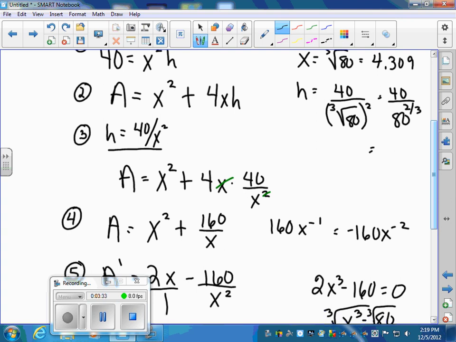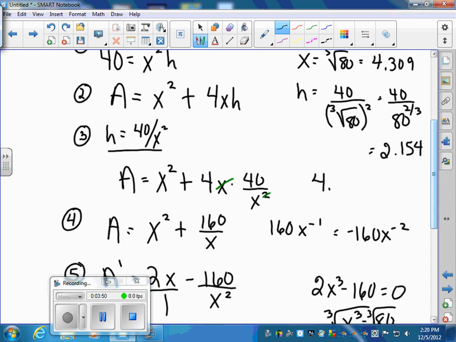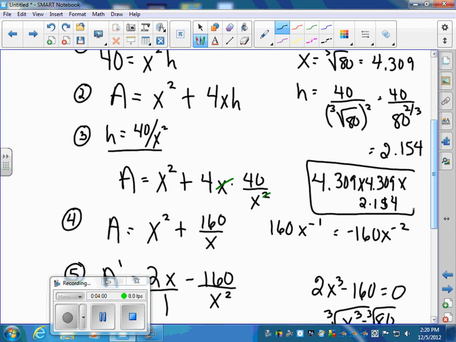So now I could use my calculator to do 40 divided by 80 to the 2/3 and get 2.154. So my dimensions would be 4.309 by 4.309 by 2.154. That's the answer to the question.